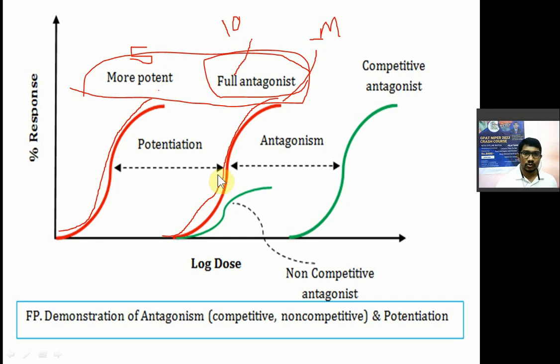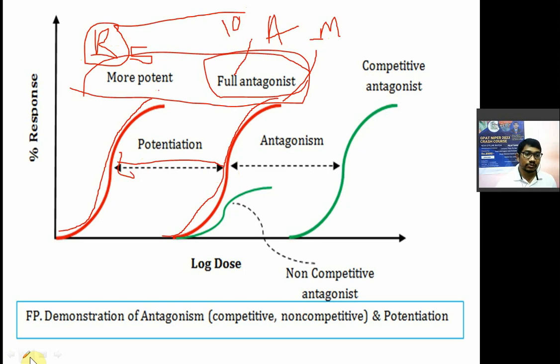Call the full agonist A and the other B. So you can say drug B is more potent than drug A. So what is that? Potentiation.